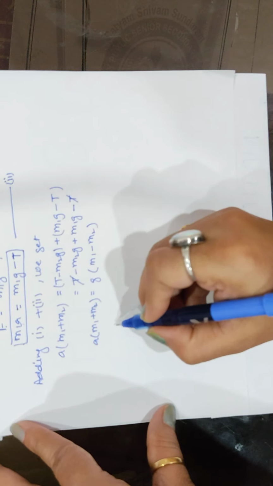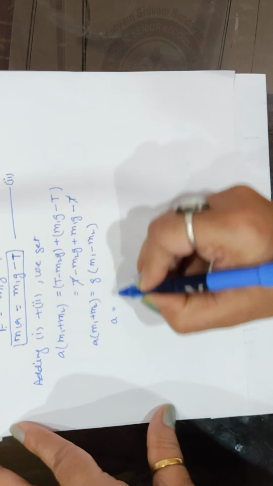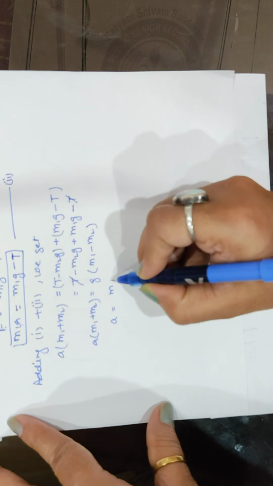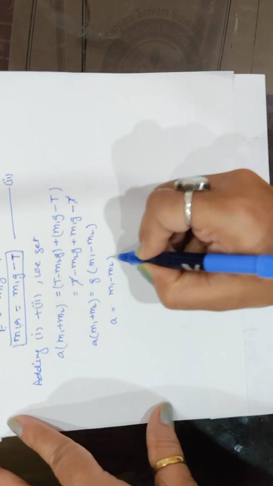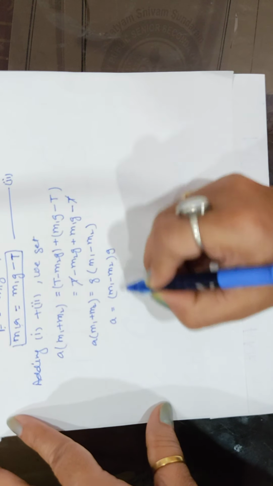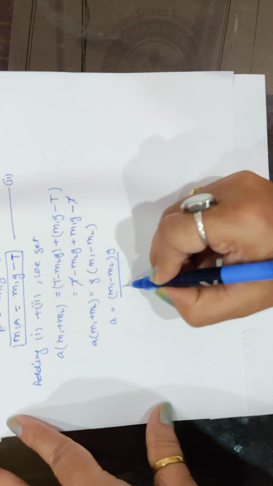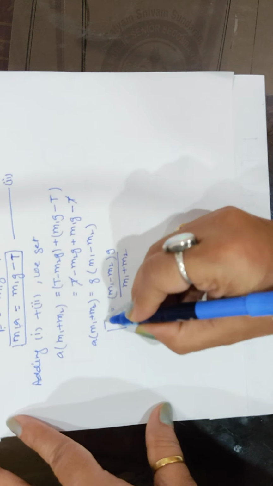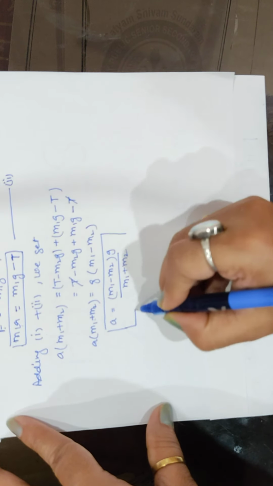Now you can calculate the acceleration here. So a is equal to (m1 minus m2)g divided by (m1 plus m2). This is the formula to calculate the acceleration.